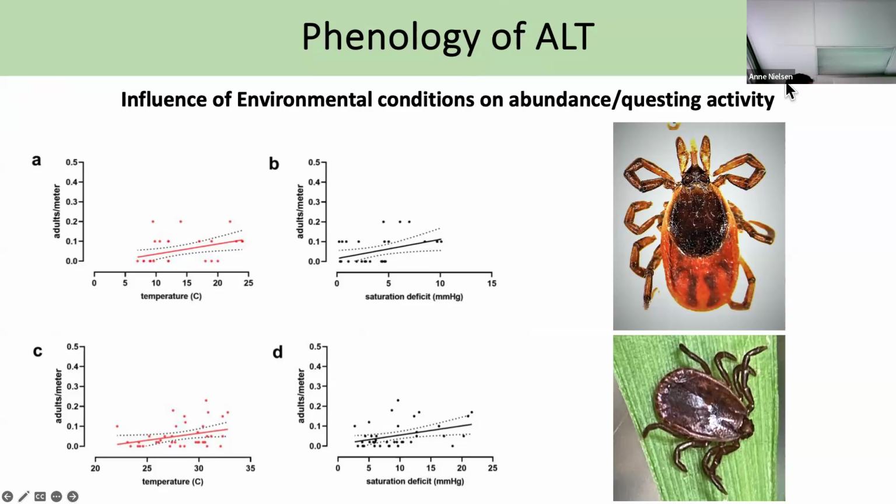Both of these variables were positively correlated with the presence of adults of longicornis and adults of Ixodes scapularis. For Ixodes scapularis, it's not a big surprise because the adults are present in the fall. Just by experience, we know that when we go out on a warm day in the fall, we see more ticks than if we go out on a cold day.